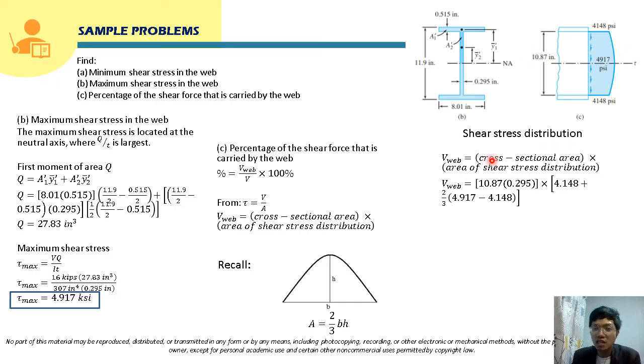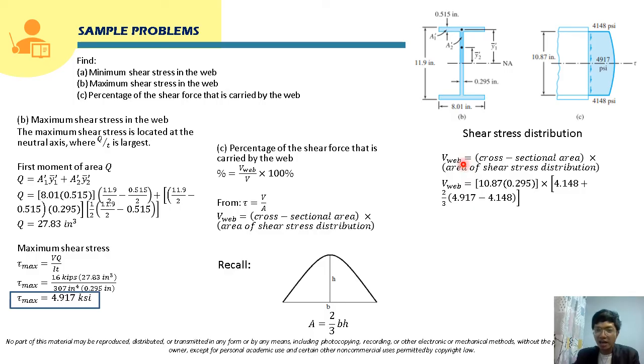For the cross-sectional area of our web, it's just this. It is 11.9 minus the two 0.515 thicknesses of the flanges. So you subtract them from 11.9. That is 11.9 minus two times 0.515, which is 10.87. That is the height of our web, and the thickness is 0.295. Therefore, the cross-sectional area of the web is 10.87 times 0.295.